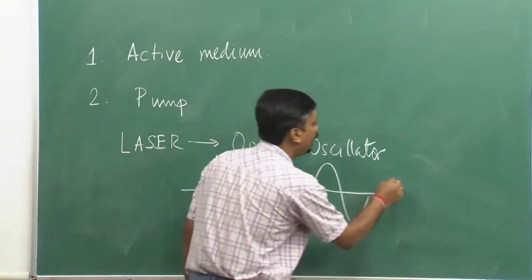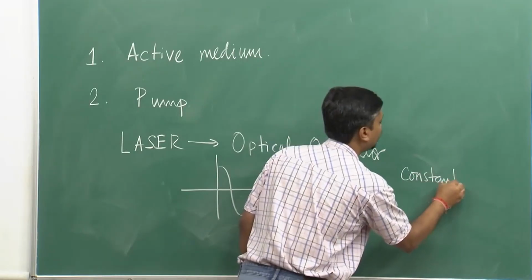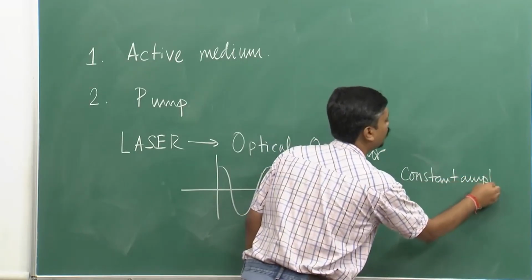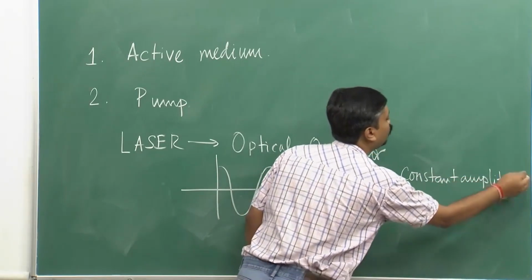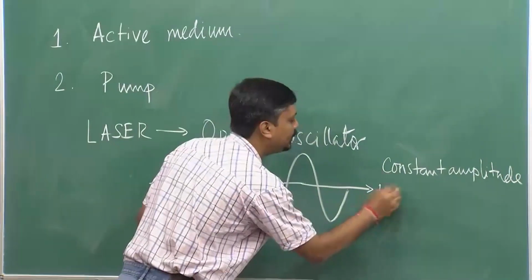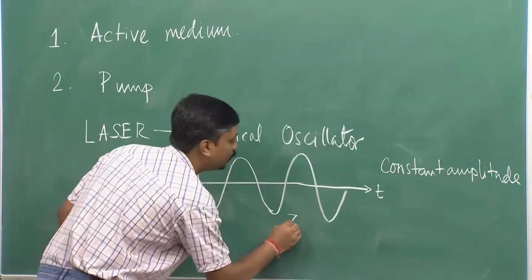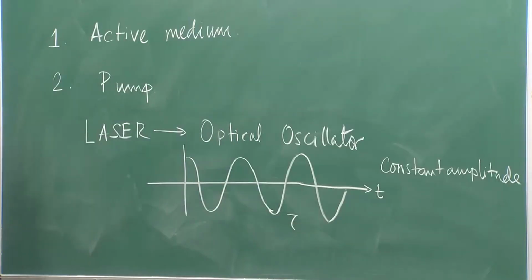So you have constant amplitude over any given period of time. This axis is my time, and this is associated with a time period, say let us call it tau.